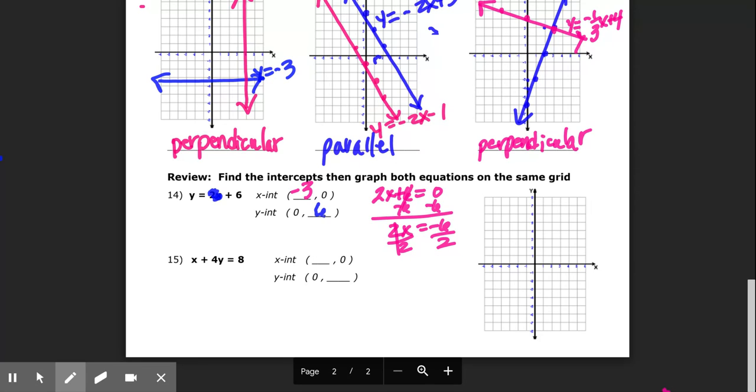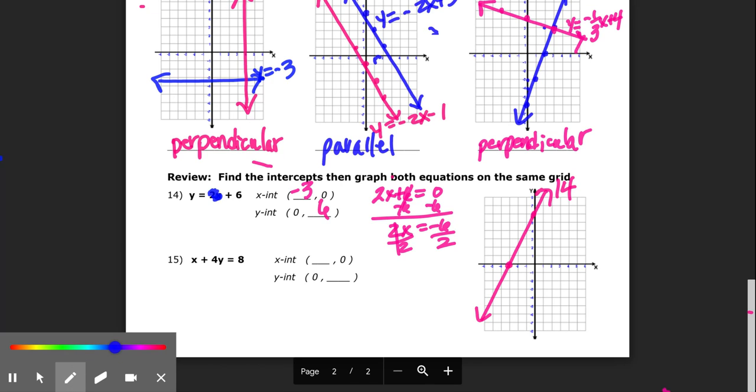All right, so let's go graph this. So we have our x-intercept at negative 1, 2, 3, 0, and our y-intercept at 0, 6. 1, 2, 3, 4, 5, 6. So that's our line right there. So this is problem 14. I'm just going to put 14.